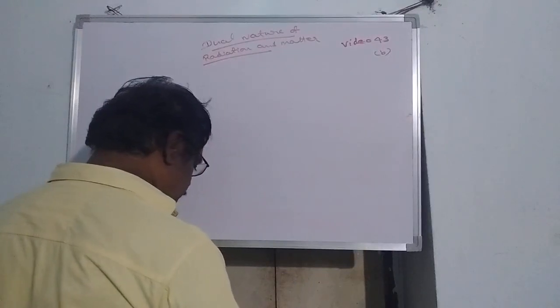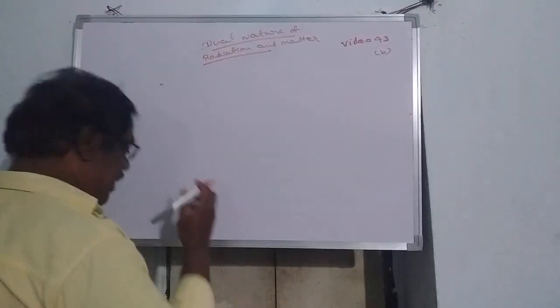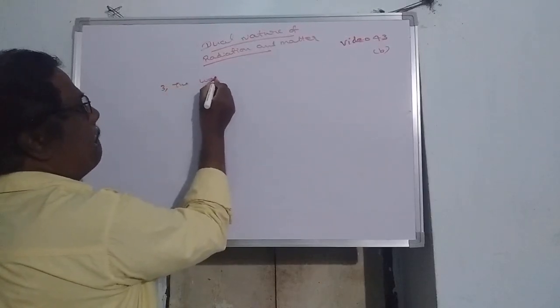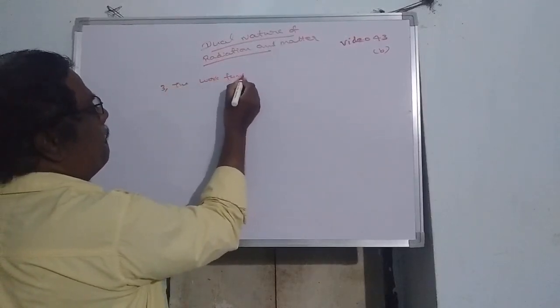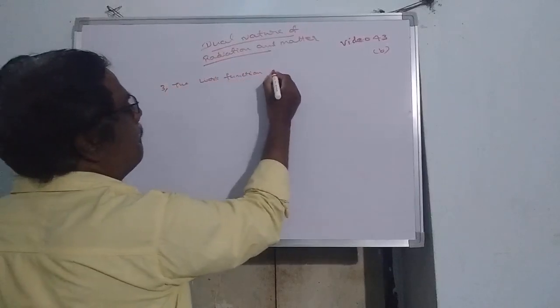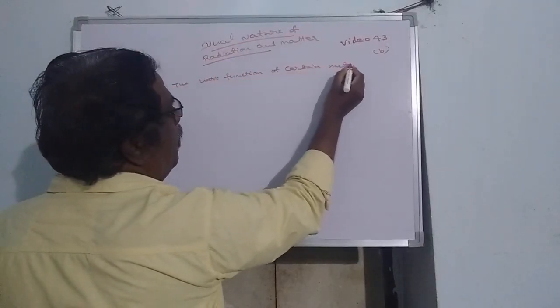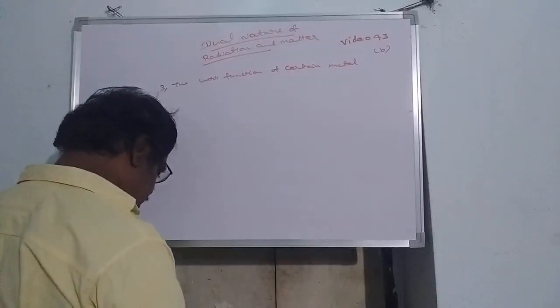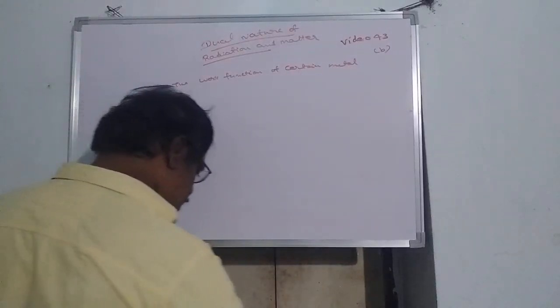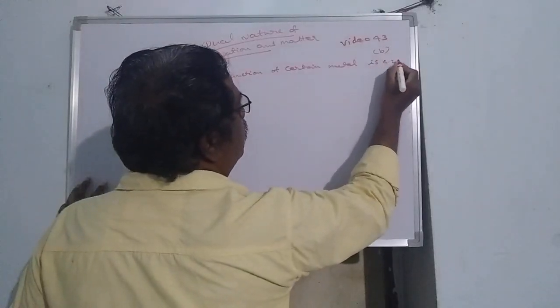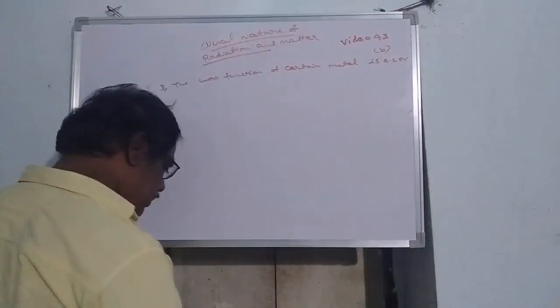Next problem: the work function of a certain metal is 4.2 electron volt.